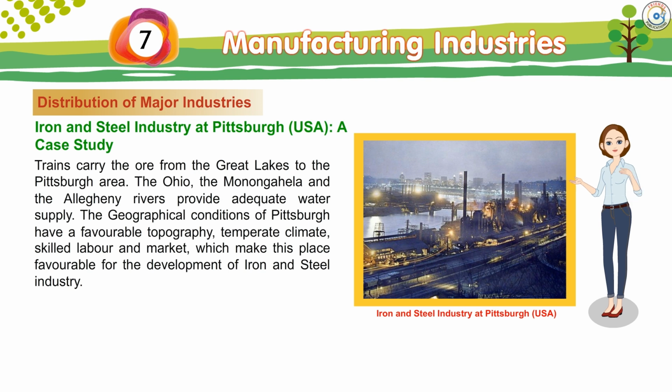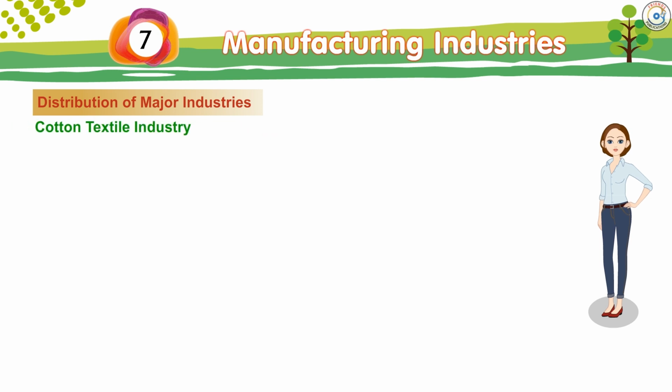Trains carry the ore from the Great Lakes to the Pittsburgh area. The Ohio, the Monongahela and the Allegheny rivers provide adequate water supply. The geographical conditions of Pittsburgh have a favorable topography, temperate climate, skilled labor and market, which make this place favorable for development of iron and steel industry.